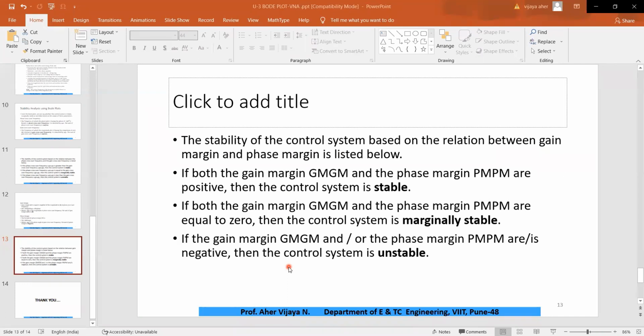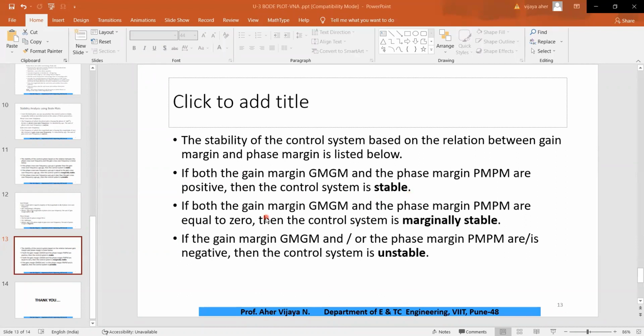If both the gain margin and phase margin are positive, then the control system is stable in nature. If both gain margin GM and phase margin PM are positive, then the control system under consideration is said to be stable.